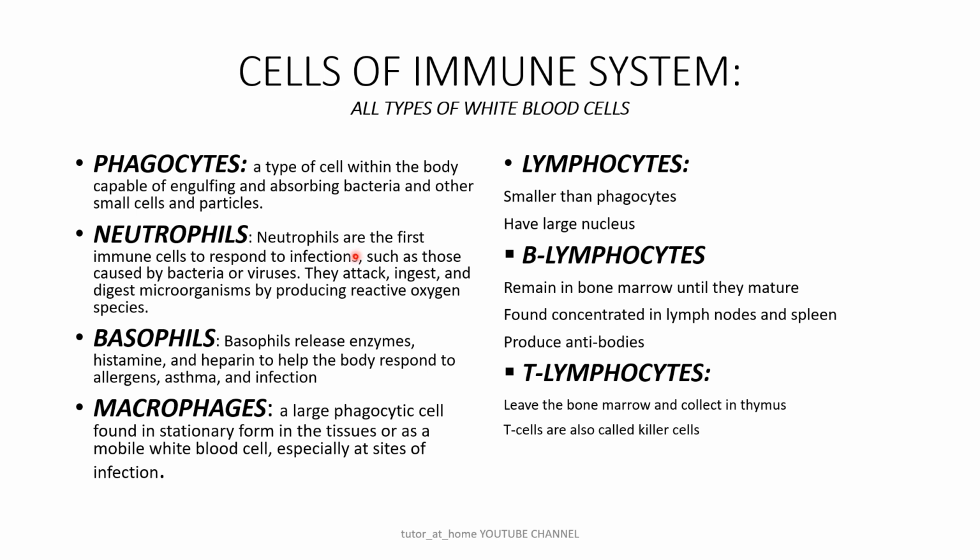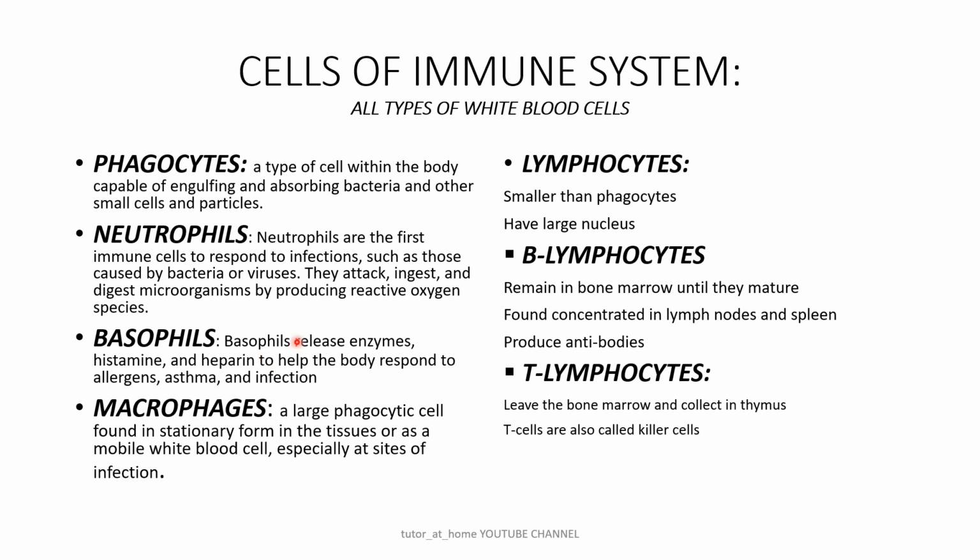Basophils release enzymes, histamines, and heparin to help the body respond to allergens. Basophils are responsible for the allergic and inflammatory reactions of the body, any reaction related to exposure to an allergen.